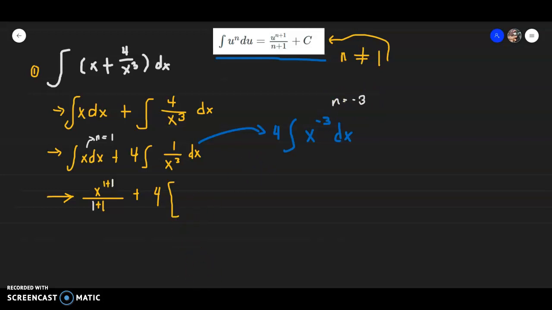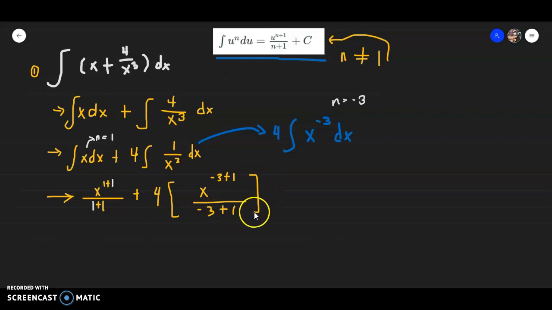So, we can write this as x raised to negative 3 plus 1 all over negative 3 plus 1.